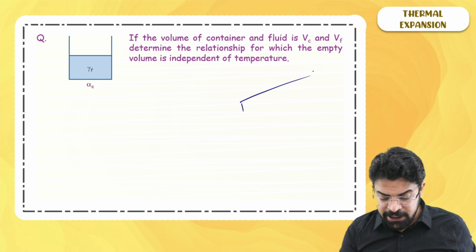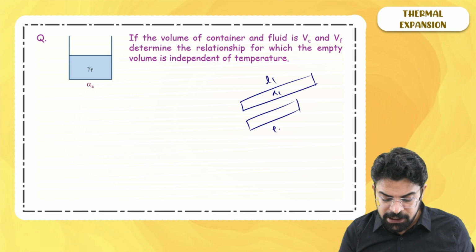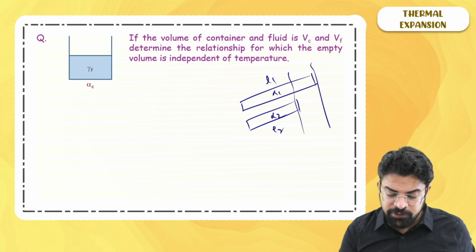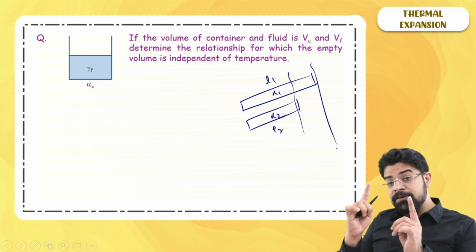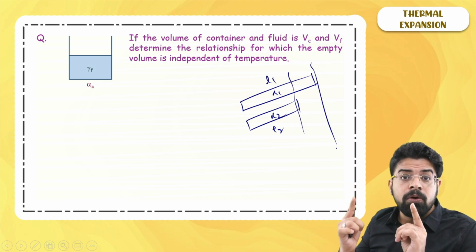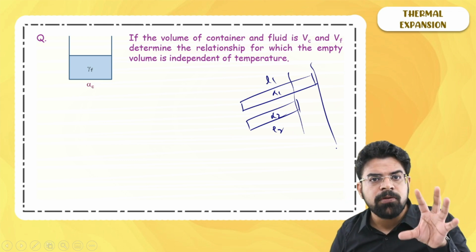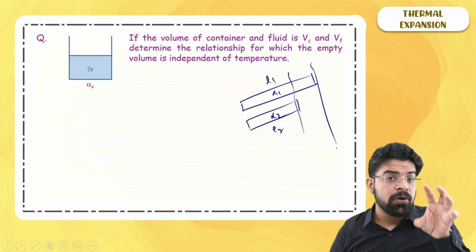Just like the case we learned for two rods, if you have two rods of length L1, alpha 1, and L2, alpha 2, and you want the difference in length to be constant, then both of them should increase by the same amount on heating. Here I am saying the volumes of both should increase by the same amount on heating.